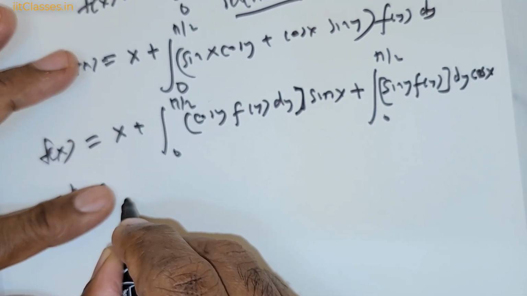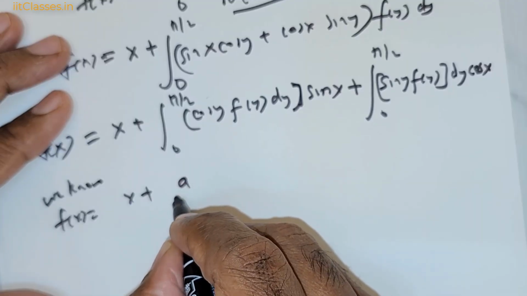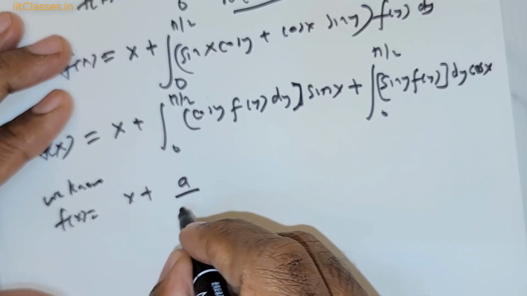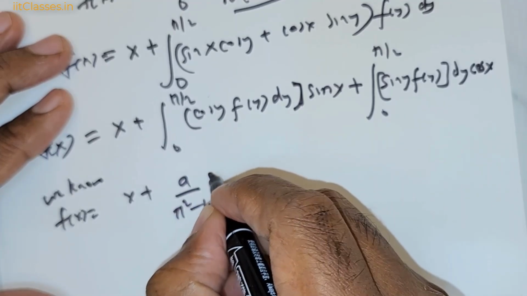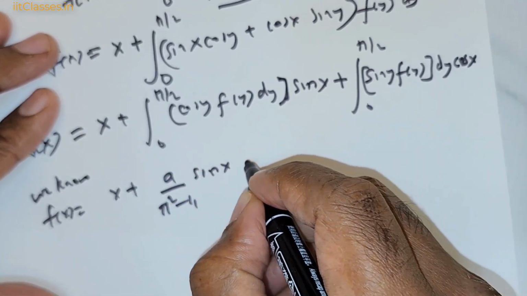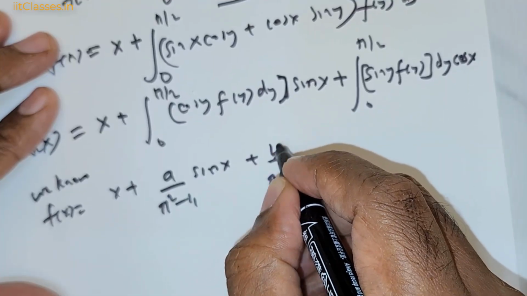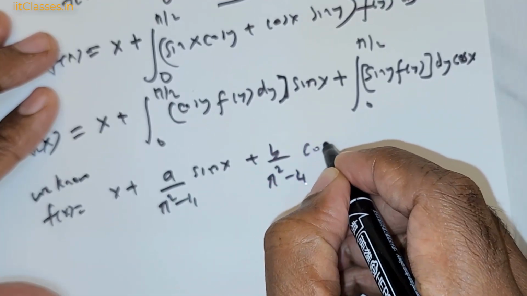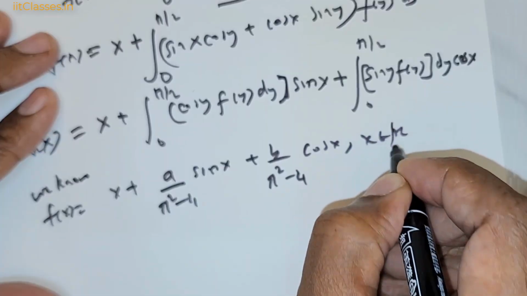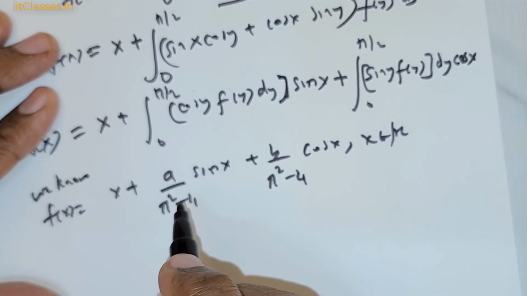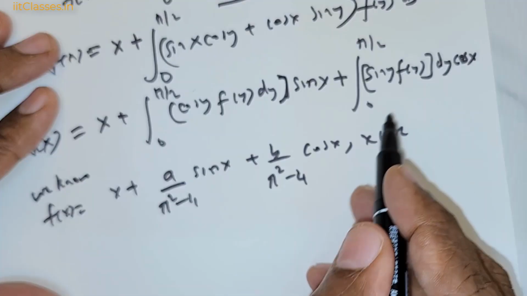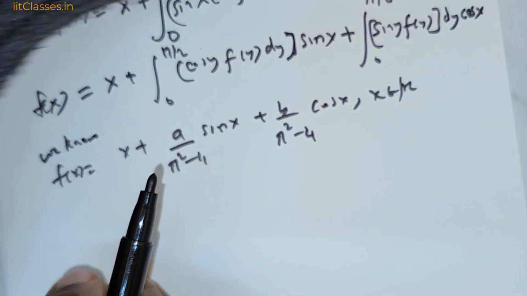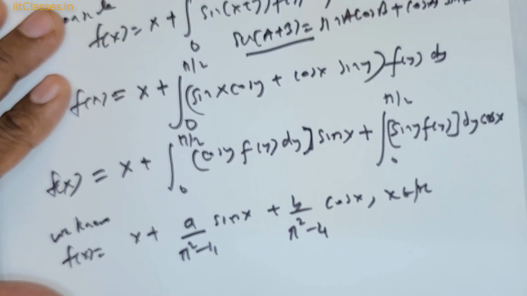That f of x is equal to x plus a over pi squared minus 4 times sin x plus b over pi squared minus 4 times cos x for x an element of R. Now what I wish to do is equate the coefficients of sin x and cos x.